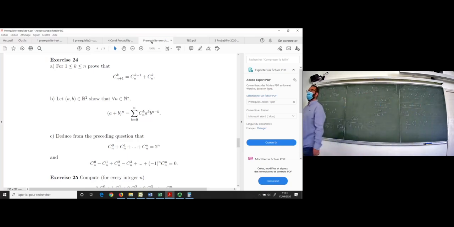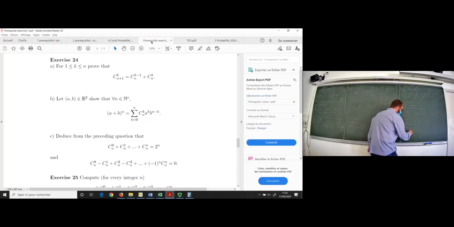I have a sum, in fact, with two terms. What are these two terms? C(1,0) a to the power 0, b to the power 1, plus C(1,1) a to the power 1, b to the power 0.